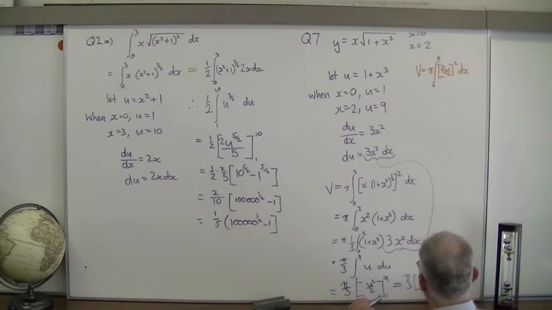Have I done that right? 9 squared, yep, 81, minus 1 is 80. 80 on 2 is 40. 40 pi on 3. So the answer is 40 pi on 3.